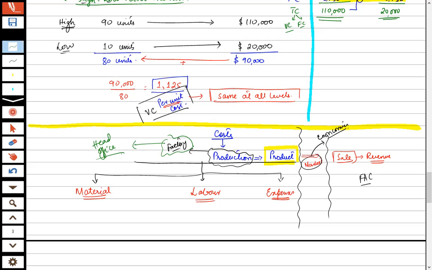The head office sales department will tell them that we have got such and such number of orders, please produce accordingly. Then they will always be concerned with the production. They will not be concerned with the revenue. Are you getting this? So the expenses which are related to the factory are known as overheads.